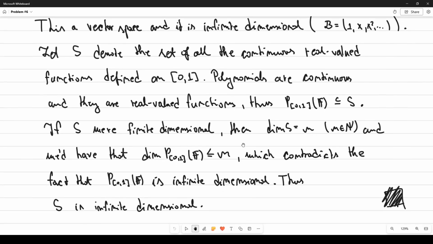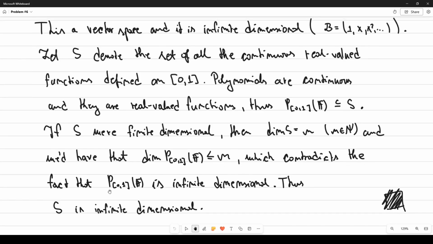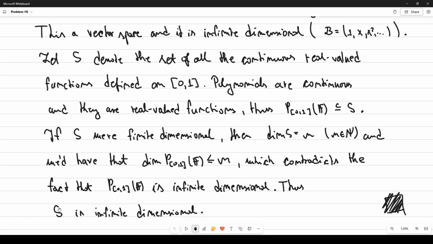And we'd have that the dimension of our set of all polynomials would have to be less than or equal to n. But this contradicts the fact that our set of polynomials is infinite dimensional. Thus, S cannot be finite dimensional. So it has to be infinite dimensional.